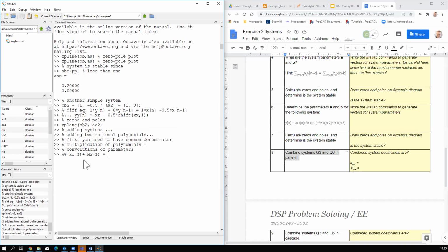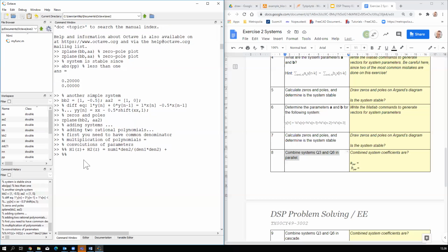So basically we have, how does it go? Numerator 1 times denominator 2 divided by denominator 1 times denominator 2, plus numerator 2 times denominator 1 divided by the common denominator.